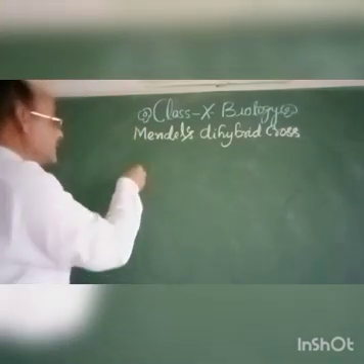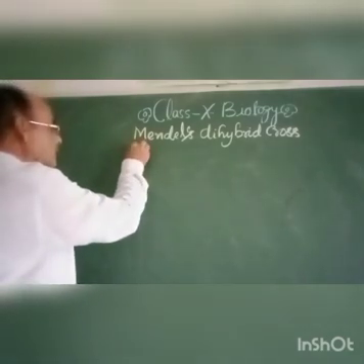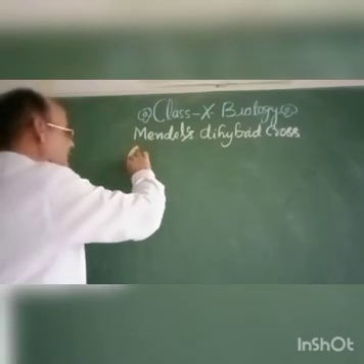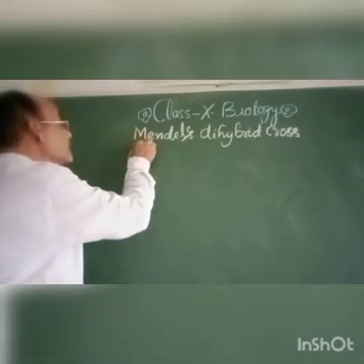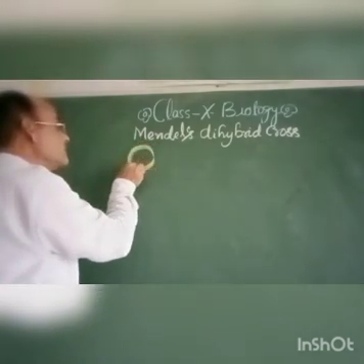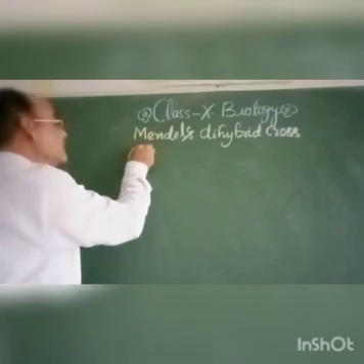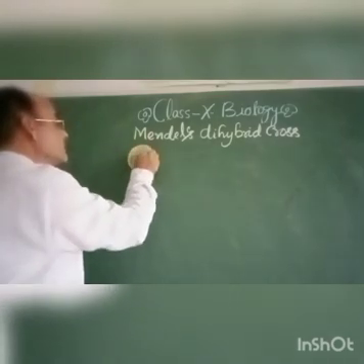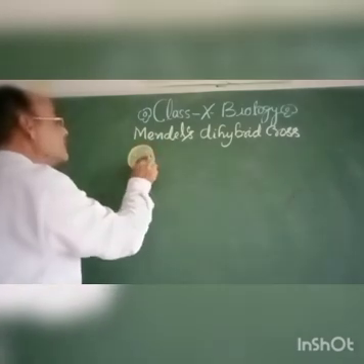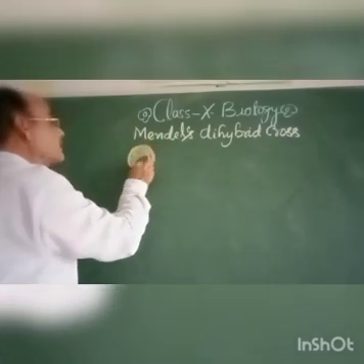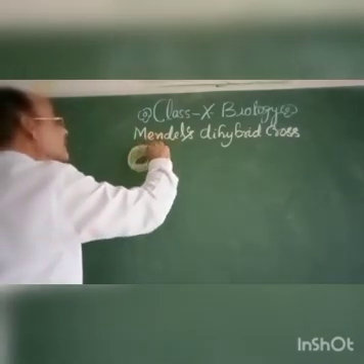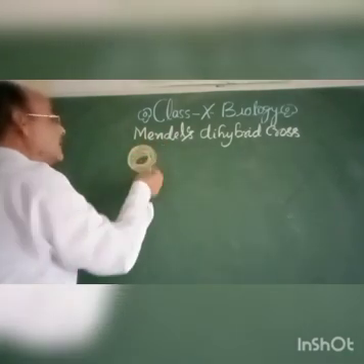Two characters means yellow and round seed. So this is the yellow and completely round seed.